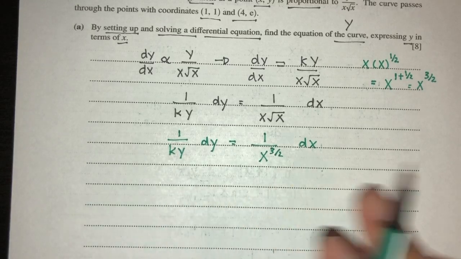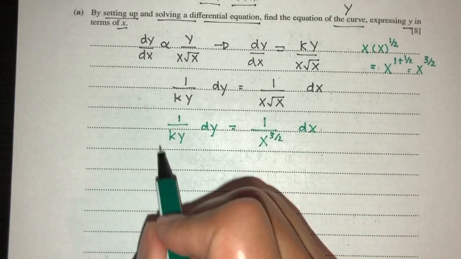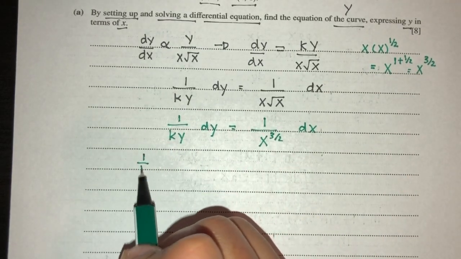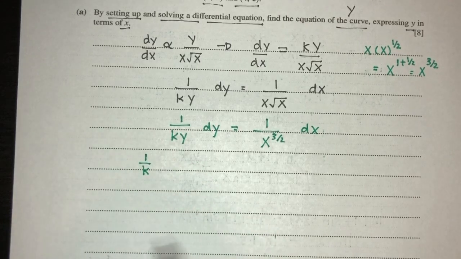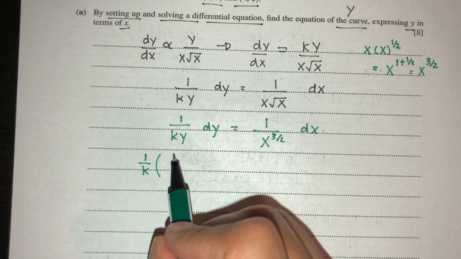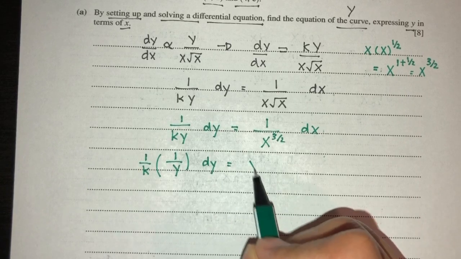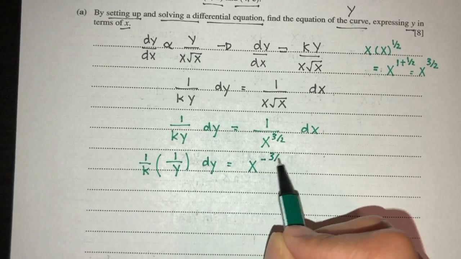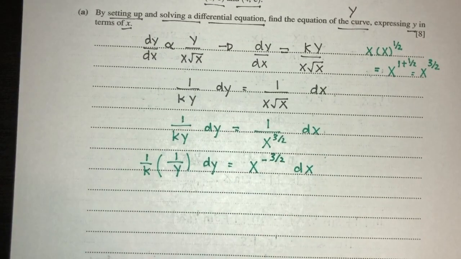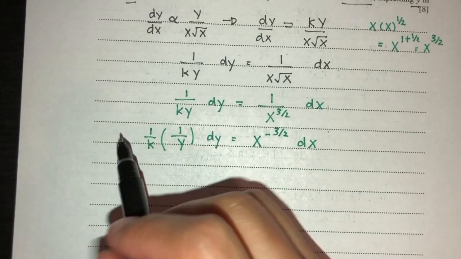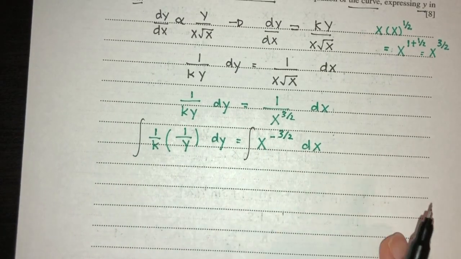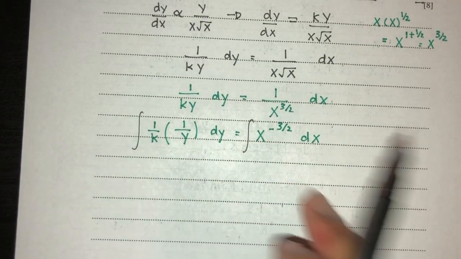Now again, we can take out this multiple. That will be 1 over y dy equal to x to the power minus 3 over 2 dx. So now we have to integrate that to find the value of y in terms of x.